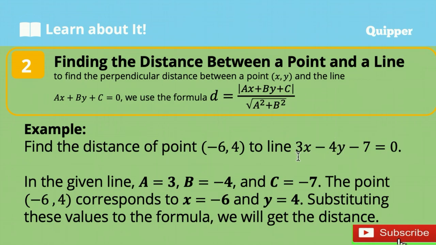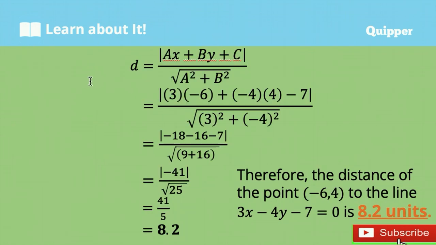Our a is 3, b is -4, c is -7, x is -6, y is 4. Now let's substitute these values into the distance formula.